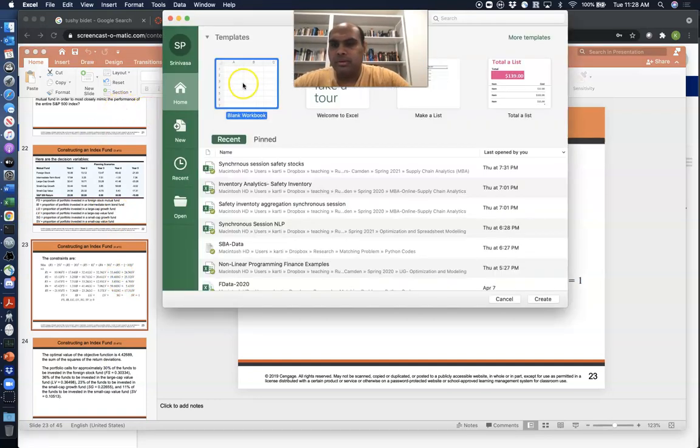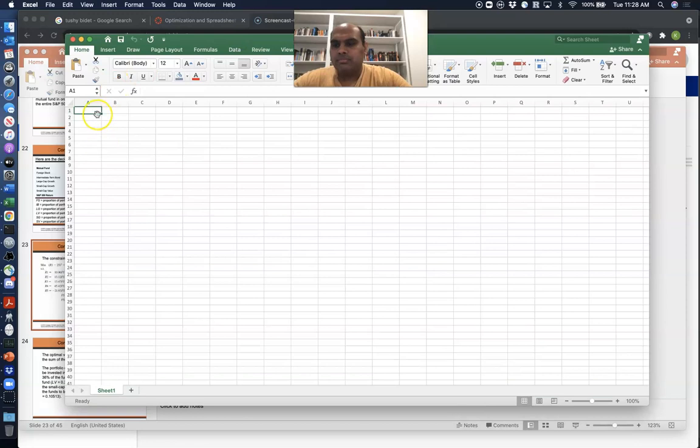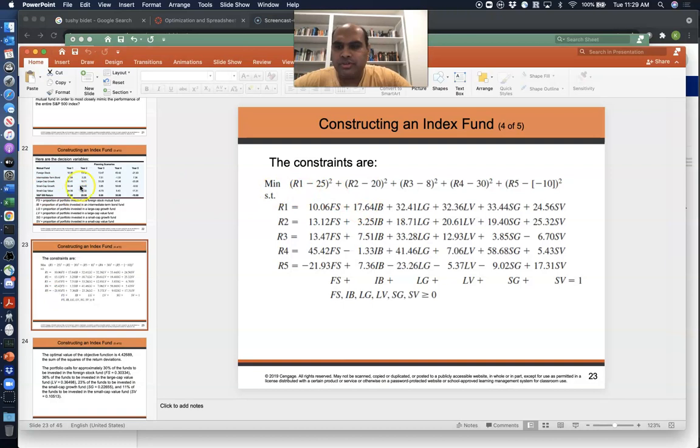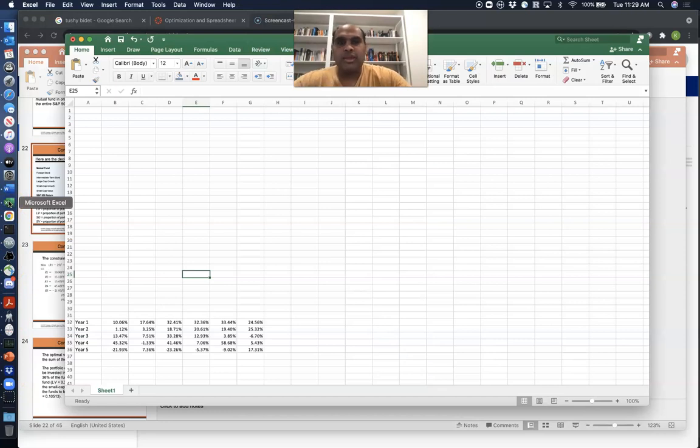So I'm going to open up a file. Okay, I went and found the percentages here. This is a text file, so I had to type the numbers in, in order to spend the time on camera for that. These were the returns that you had.